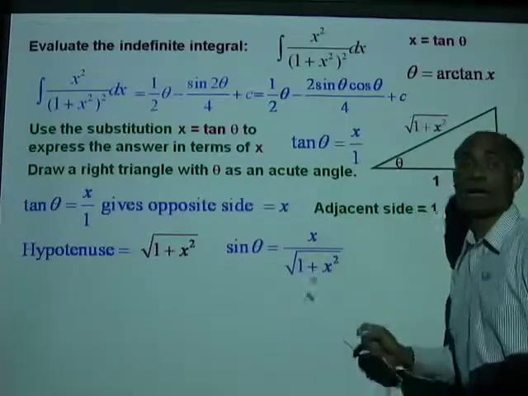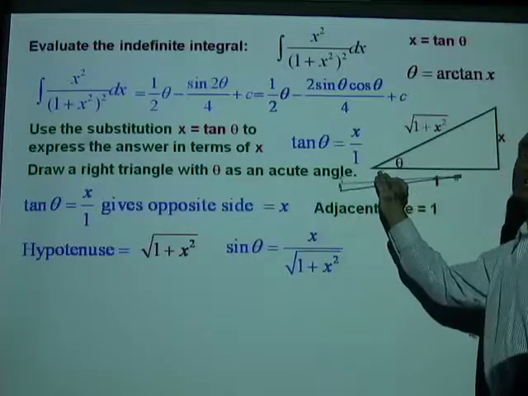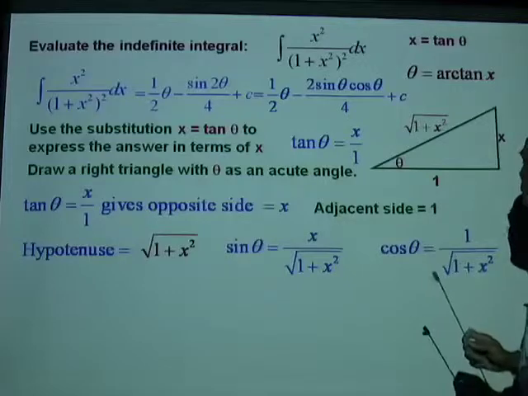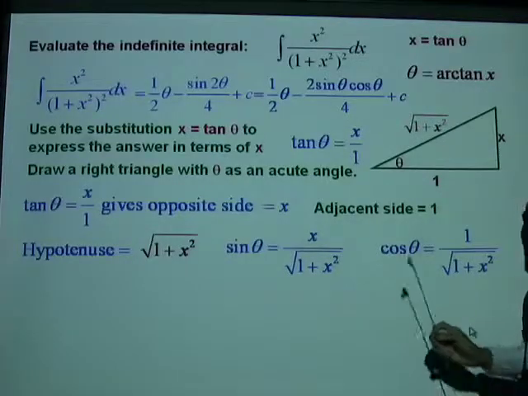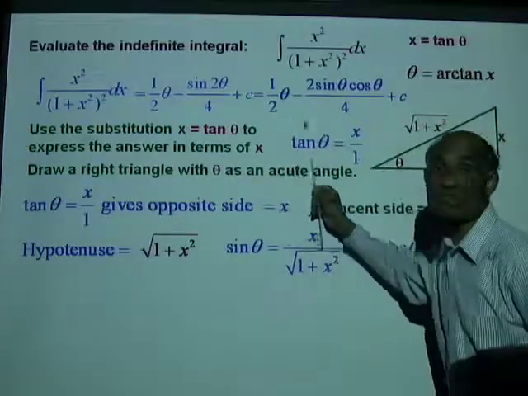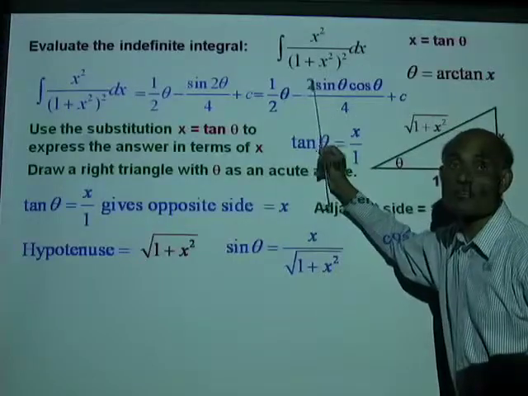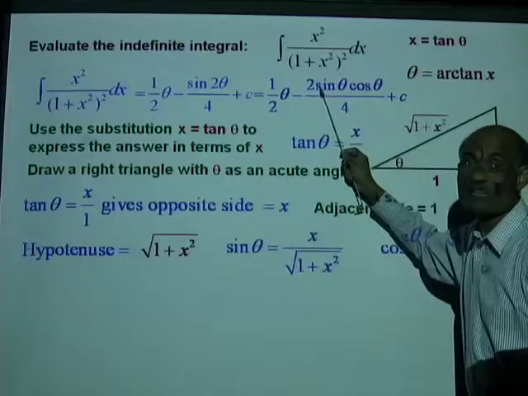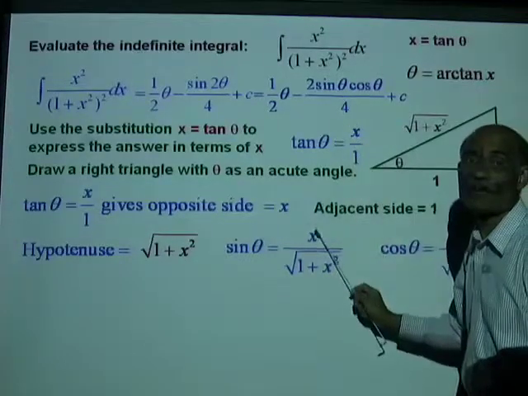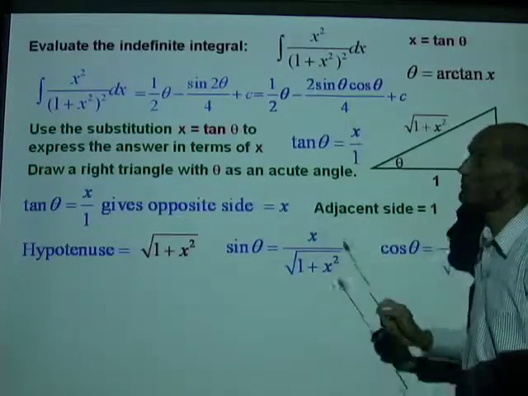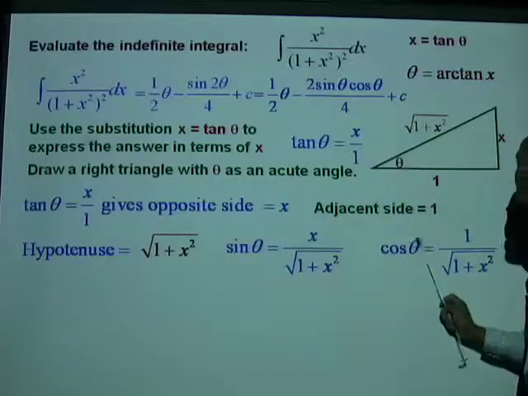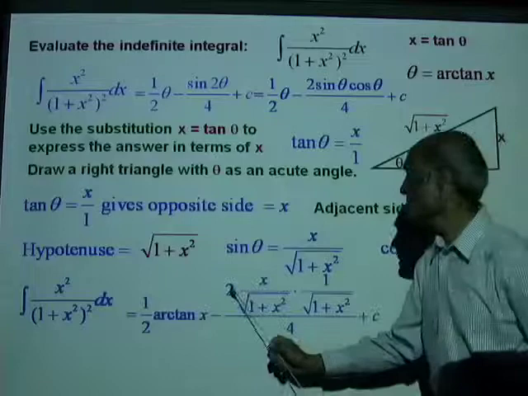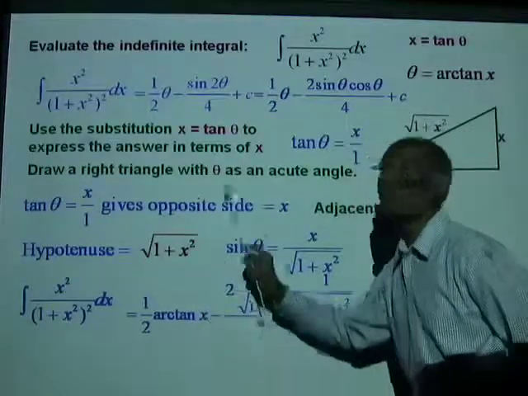And cos theta is adjacent side divided by hypotenuse, which is 1 over square root 1 plus x squared. So, in the results that we obtained in terms of theta, we replace theta by arctan x, replace sine theta by x over square root 1 plus x squared, replace cos theta by 1 over square root 1 plus x squared, and that gives you this result.